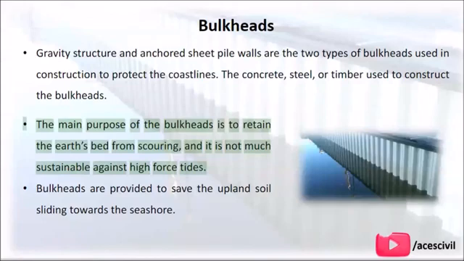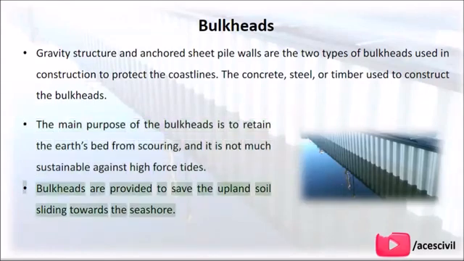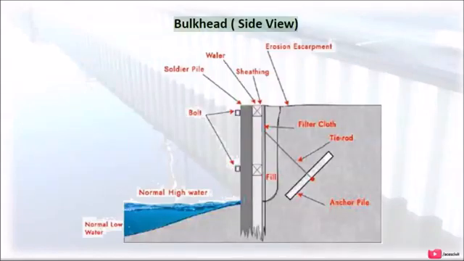The main purpose of the bulkheads is to retain the earth's bed from scouring, and they are not very sustainable against high-force tides. Bulkheads are provided to save the upland soil from sliding towards the seashore. Bulkhead, side view.